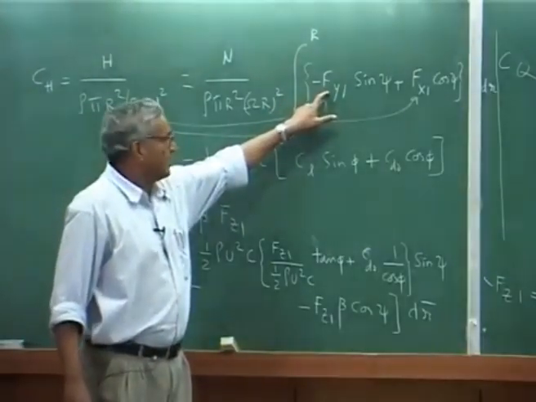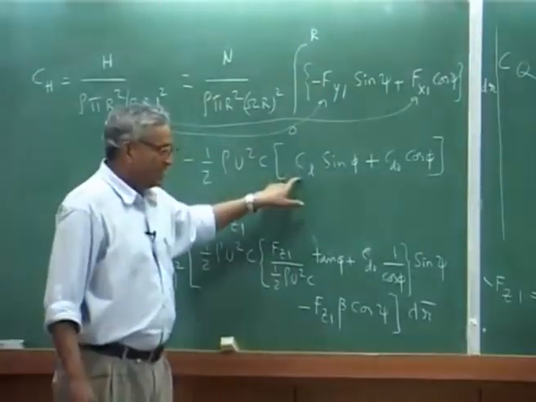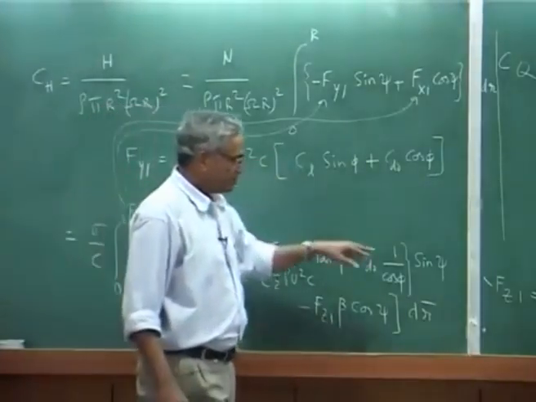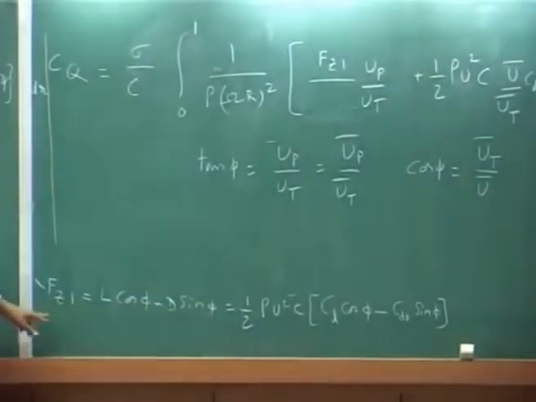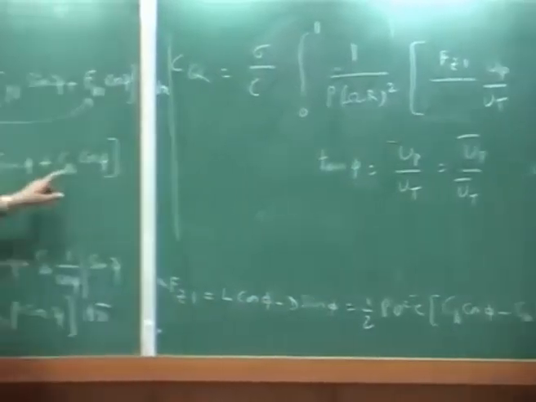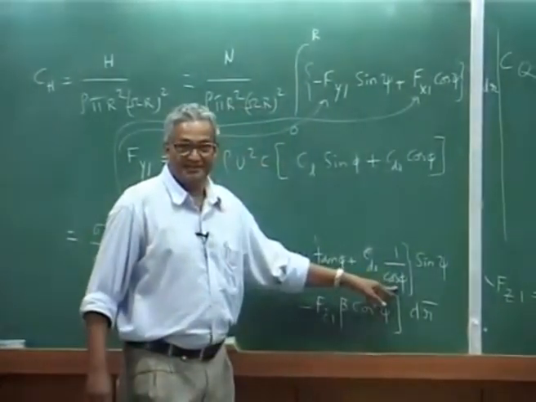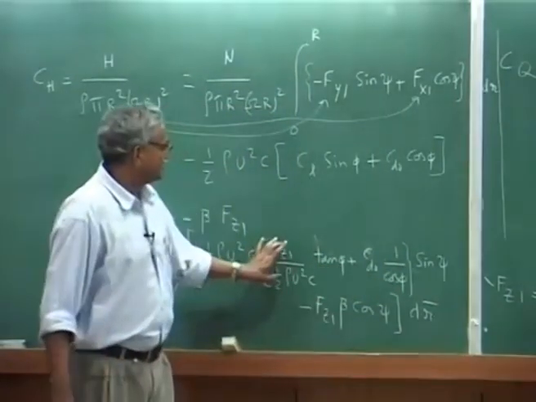After that, for C L, I substituted from here in terms of f z 1, that is why it becomes C D naught 1 over cosine phi, you follow, and this is in terms of f z 1.